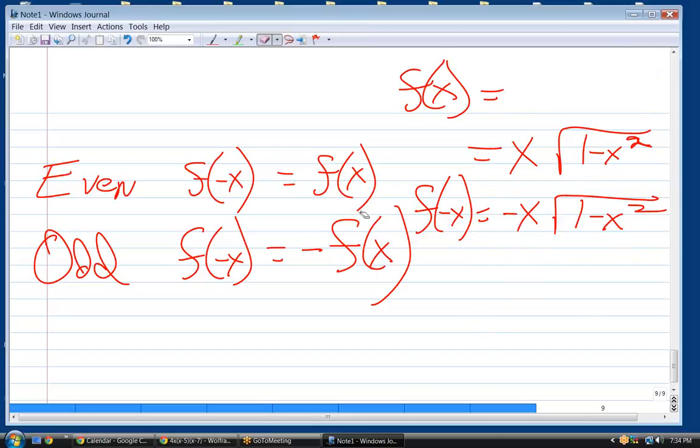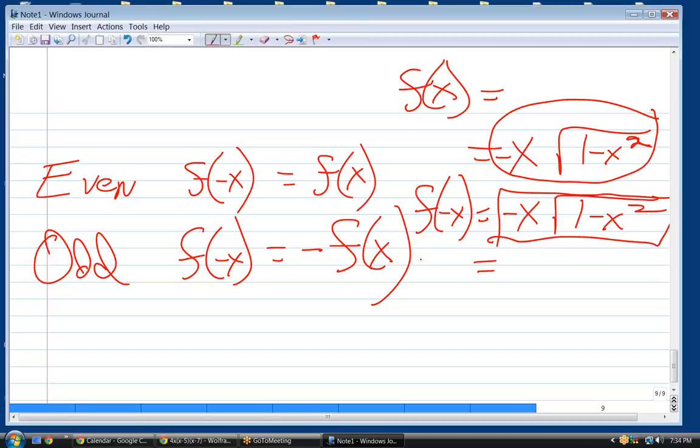Isn't that neither? Well, that looks to me like minus f of x. In other words, if f of x is this, minus f of x is a minus sign in front of it, and that's what we're looking at. So that is minus f of x, which makes it odd.